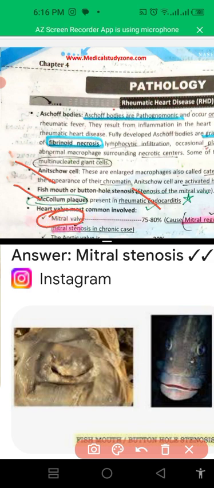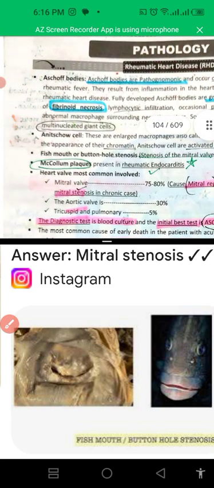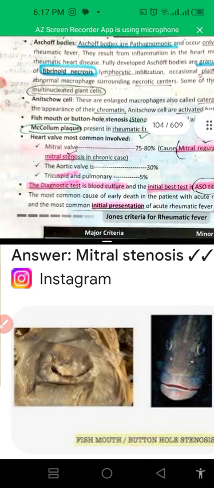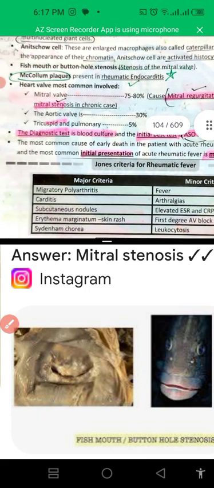Mostly the mitral valve is involved, and mitral regurgitation is most commonly present, with fish mouth or buttonhole deformity in rheumatic fever. For diagnostic criteria, blood culture is the best investigation, and we will look at ASO titer for rheumatic heart disease.